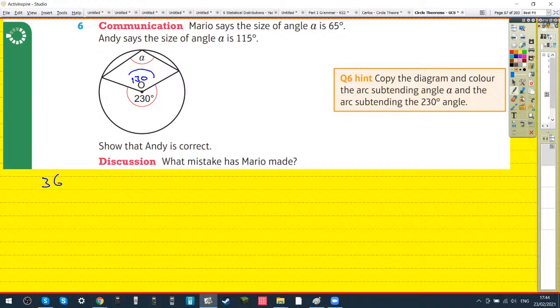So half of 130 is... Yeah, half of 130. 65. Yes, and so even though it's a different shape, they're still both on the same arc, is that right? Alright, tricky stuff.